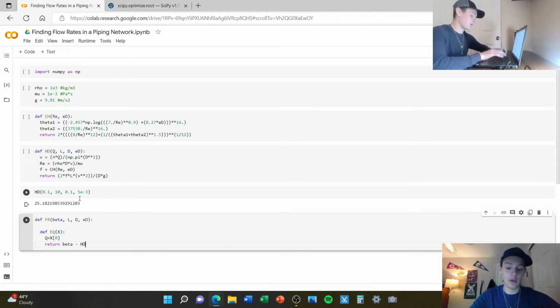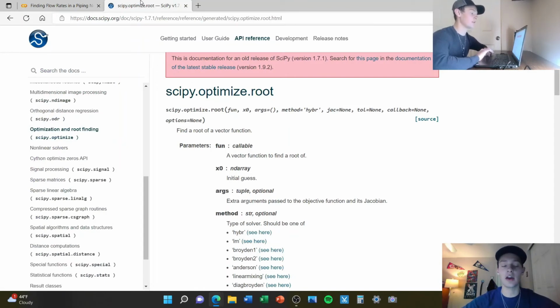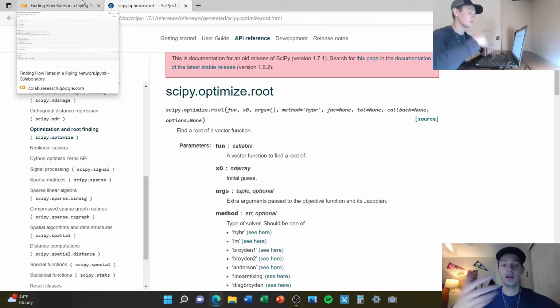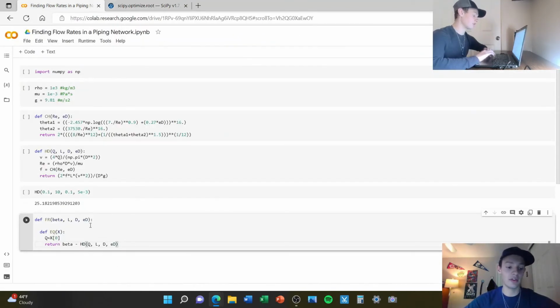Okay, so we can put that right here with, of course, all of the same terms. And because scipy.optimize.root is used to solving multiple equations all at once, simultaneously, we will put this as a vector there, okay? And we should be good to go.